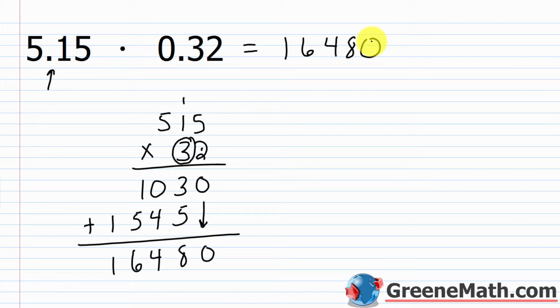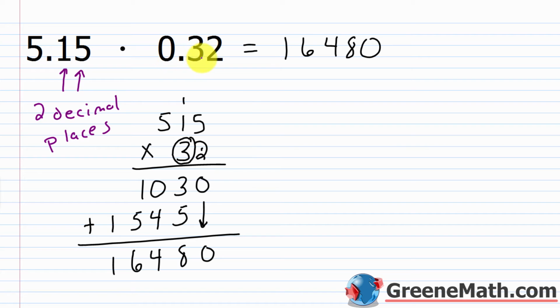Now, what I told you is that we're going to move the decimal point to the left by the number of decimal places we have between all the factors. If I look at these two factors, in 5.15, I have 2 decimal places.